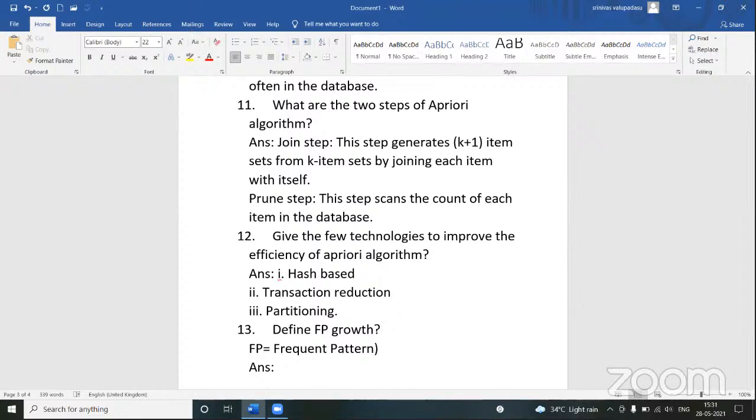It is an implementation of the Apriori algorithm we have discussed earlier, and it is used for finding frequent item sets in a transaction database without candidate generation. In Apriori, we use candidate generation, but here we do not.